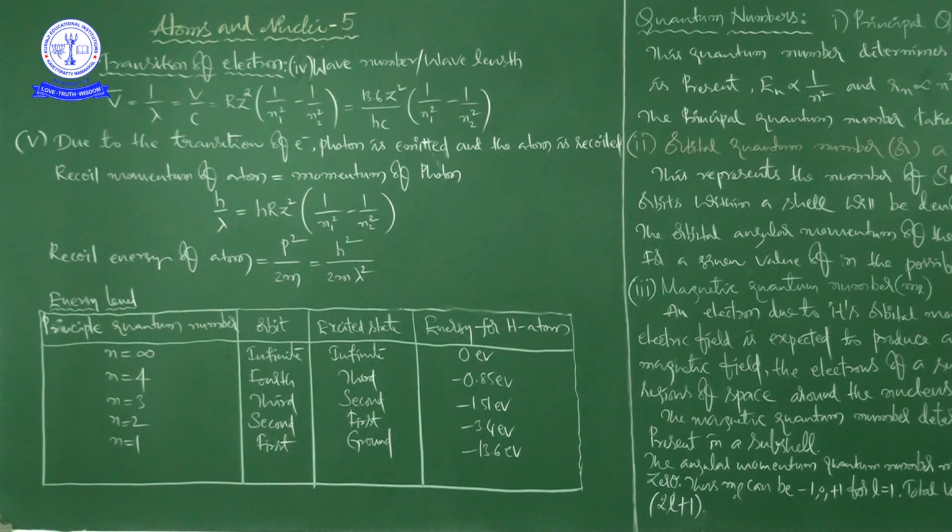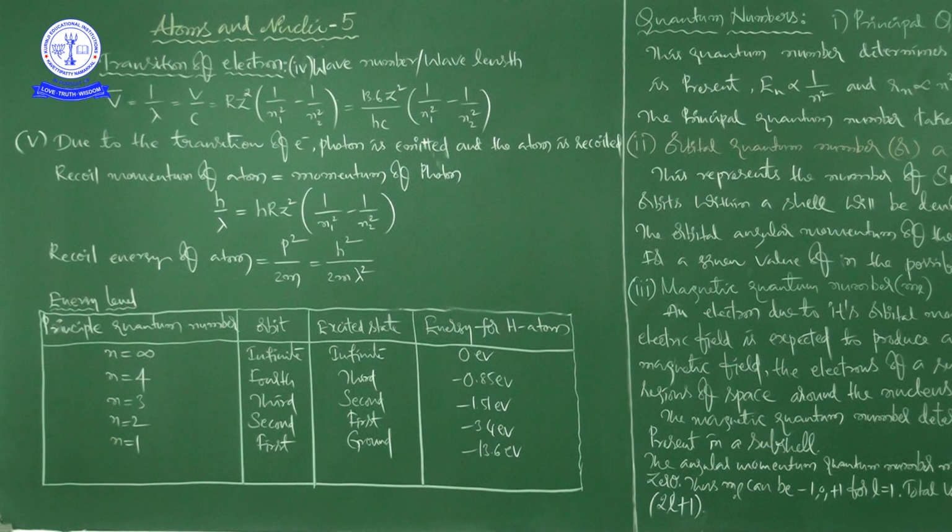So this jumping of electron from one orbit to another orbit, we simply call it transition of electron. Here itself we derived the expression for energy difference, that is energy of emitted radiation. Similarly, we had the expression for frequency of emitted radiation, and then the formula for number of spectral lines.